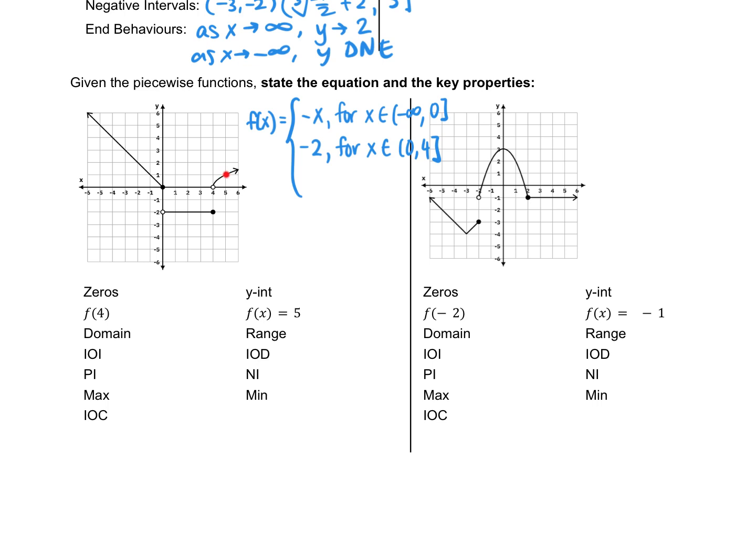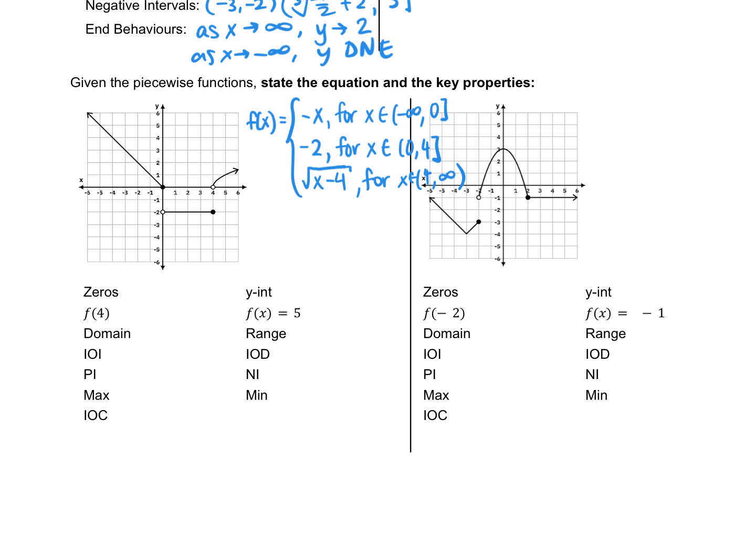There is no stretch or compression, so I know my a value would be 1. If I wanted to solve for it, I could, like I did in the previous example. But I'm just going to go straight to the square root of x minus 4, because it went to the right 4, for x belonging to 4 to infinity. 4 is a round bracket because it's a hole there.